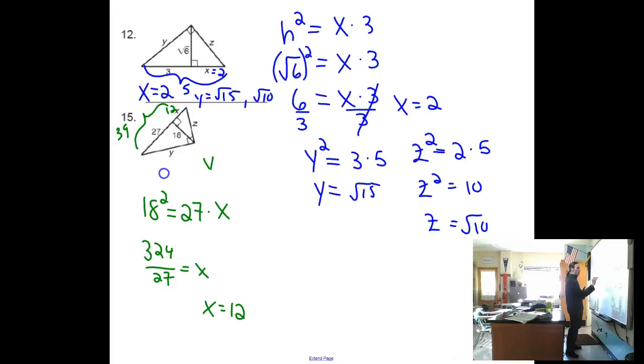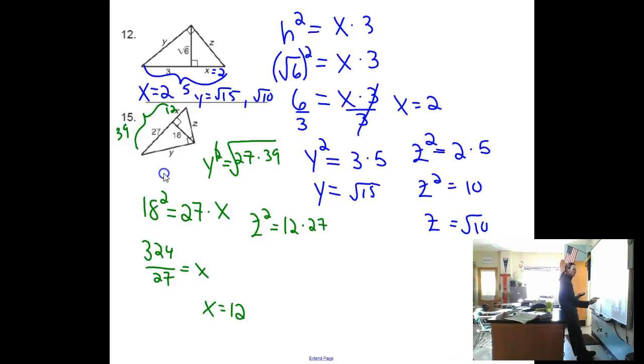Well, y squared equals 27 times 39. And then I would take the square root of that. And z squared equals 12 times 27, right? And then I would take the square root of z.